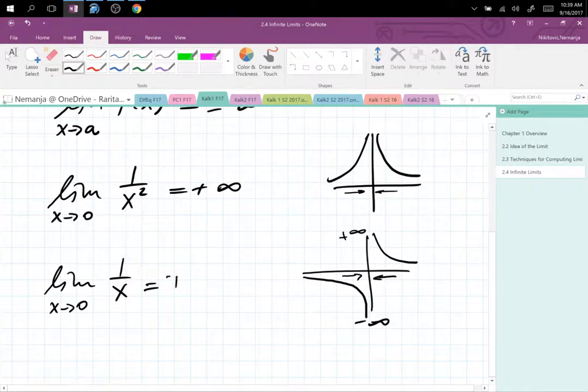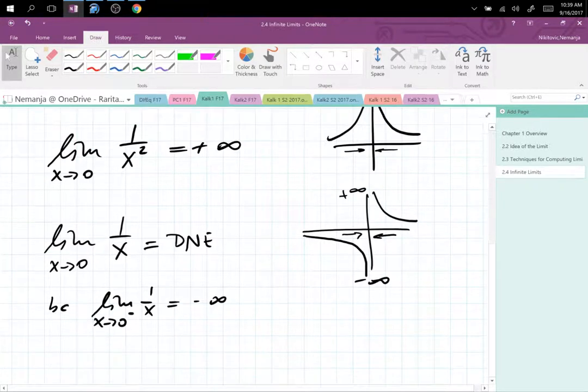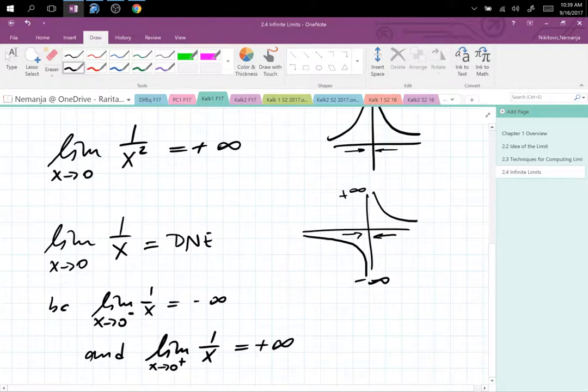So this one does not exist because the limit of 1 over x as x approaches 0 from the left is negative infinity, and the limit of 1 over x as x goes to 0 from the right is positive infinity. They do not agree, therefore the limit does not exist.